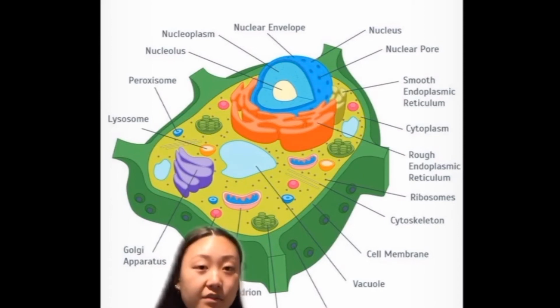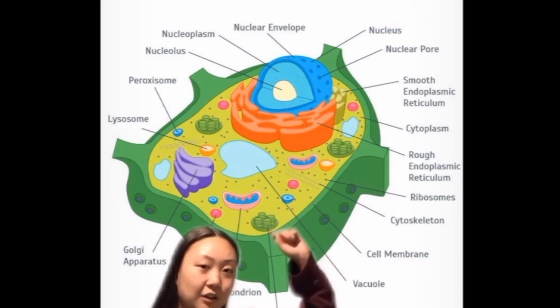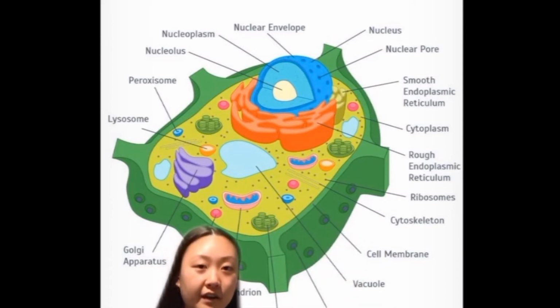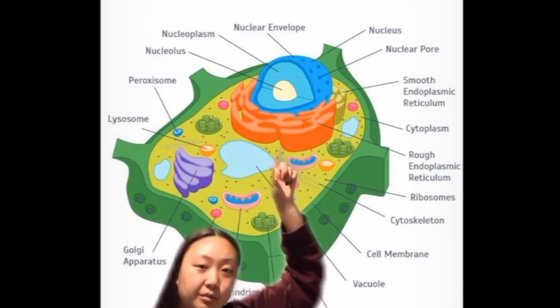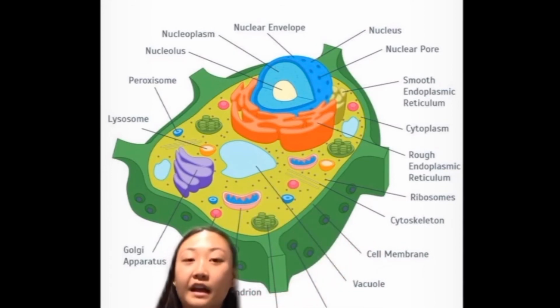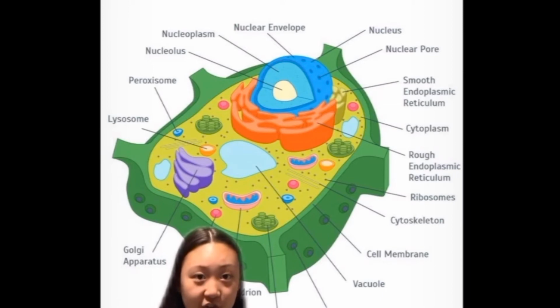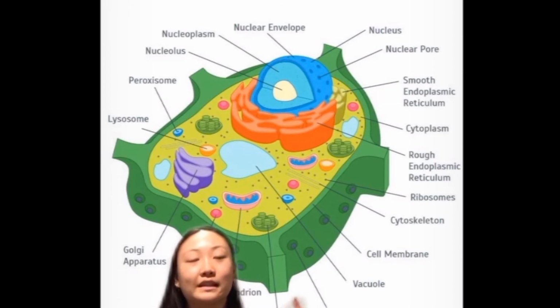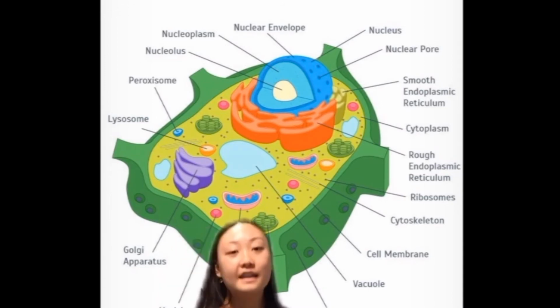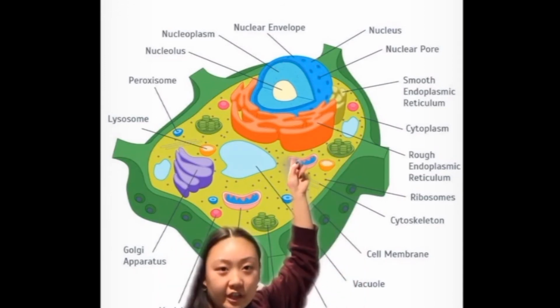And so you can find ribosomes free-floating in the cytoplasm, or you can also find them attached to the rough endoplasmic reticulum. And an interesting thing is that mitochondria and chloroplasts, which we will discuss later, are also found with ribosomes.